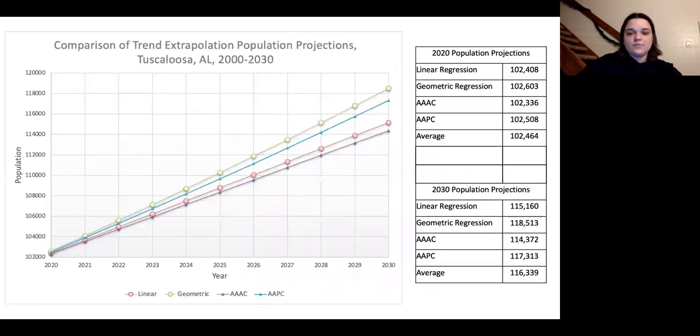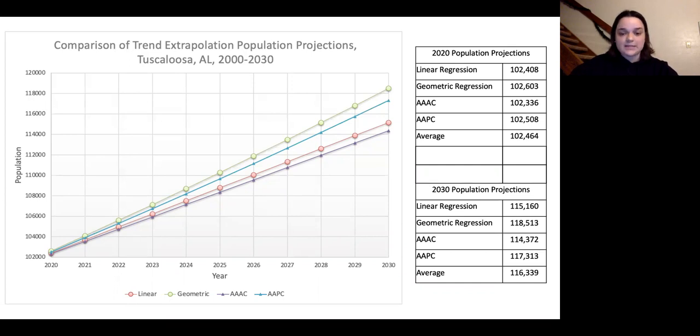So if we just zoom in on those projections, we can see that the geometric projection and that average annual percent change projection are higher than the linear and average annual actual change.